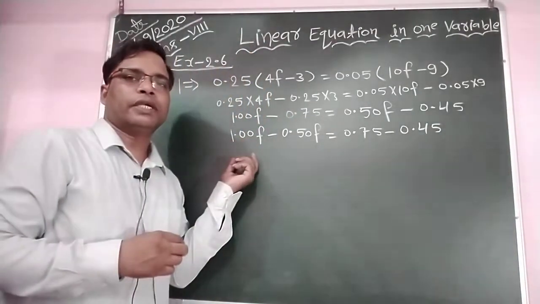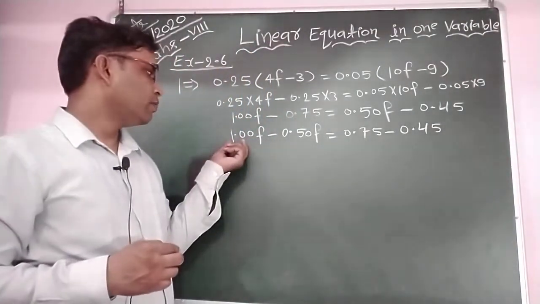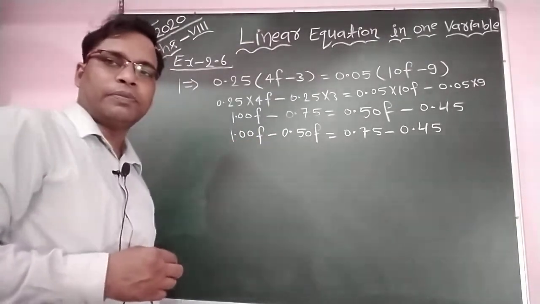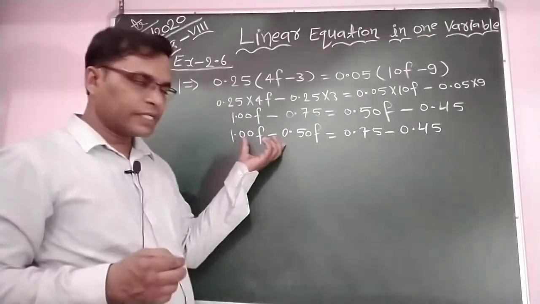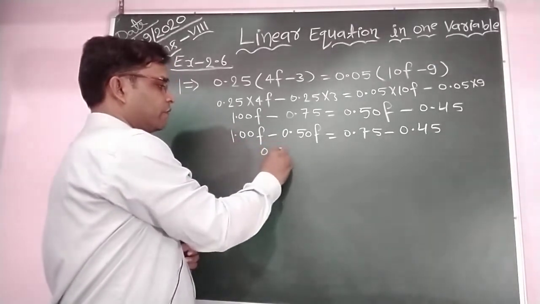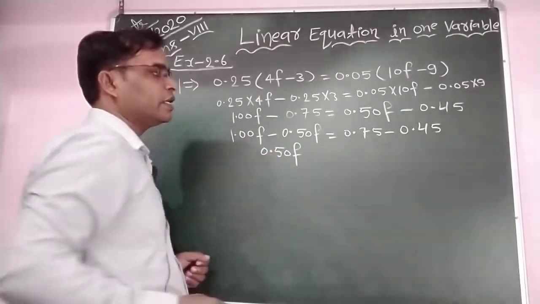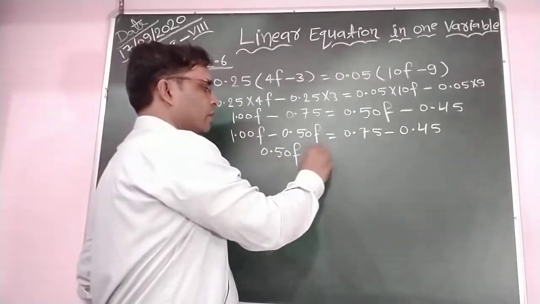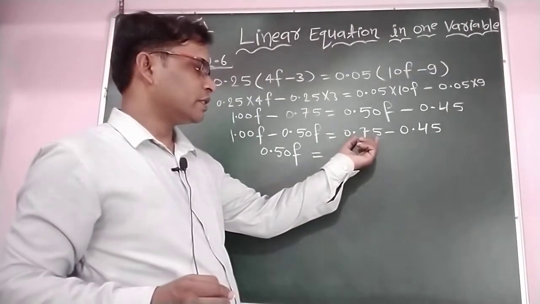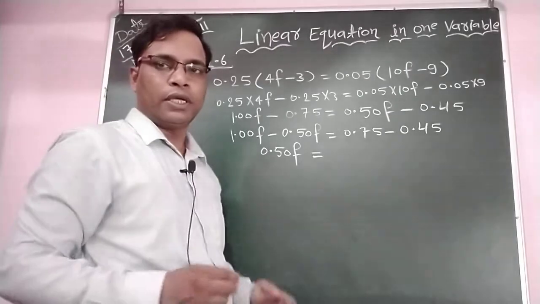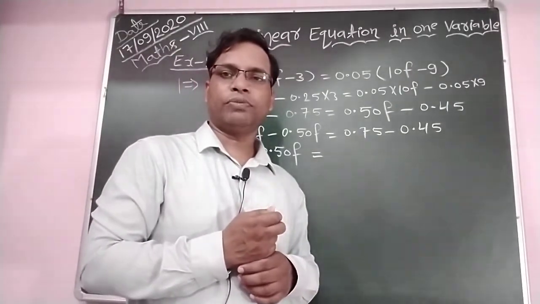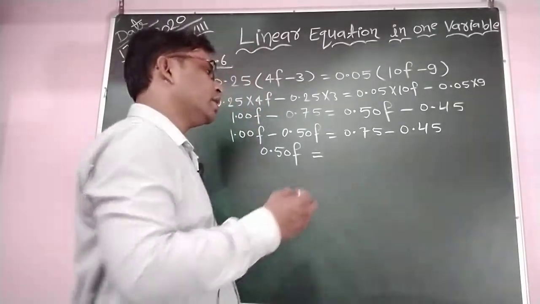Here you can see 1.00f minus 0.50f. When we subtract this, we obtain 0.50f. Clear? Now 0.75 minus 0.45, if we find the difference, we obtain 0.30.